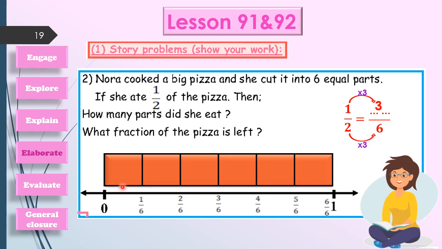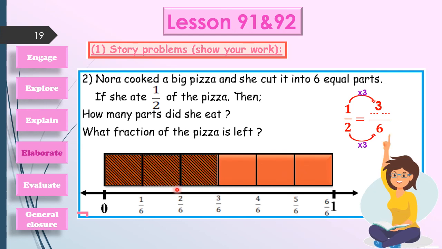Then I will color here how many parts out of 6? Yes, it will be 3 parts out of 6. And this fraction is called 3 sixths. Let's answer these questions. How many parts did she eat? Yes, 3 parts. What fraction of pizza is left?